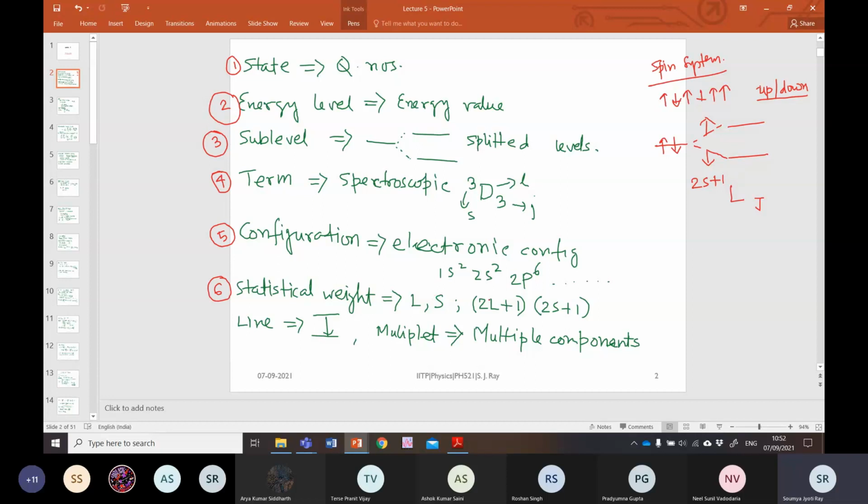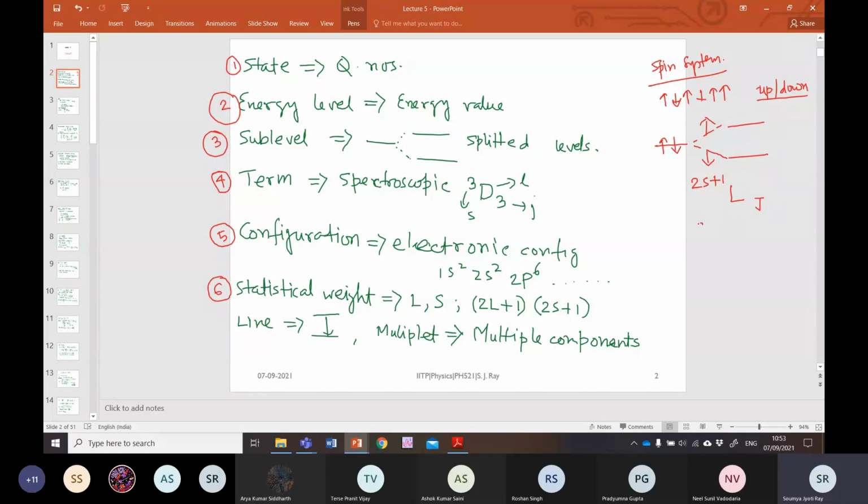Further, these levels can have a multiplicity, which means they can be split into 2L+1 terms, so there is some degeneracy inbuilt in each of these quantum numbers. For a particular value of L, there are 2L+1 values of mL possible, and for a particular value of S, there are 2S+1 values of mS possible. Let me give you a very simple example.